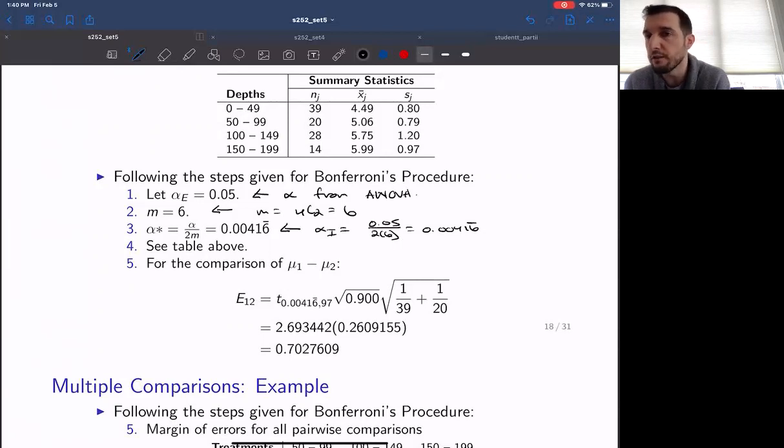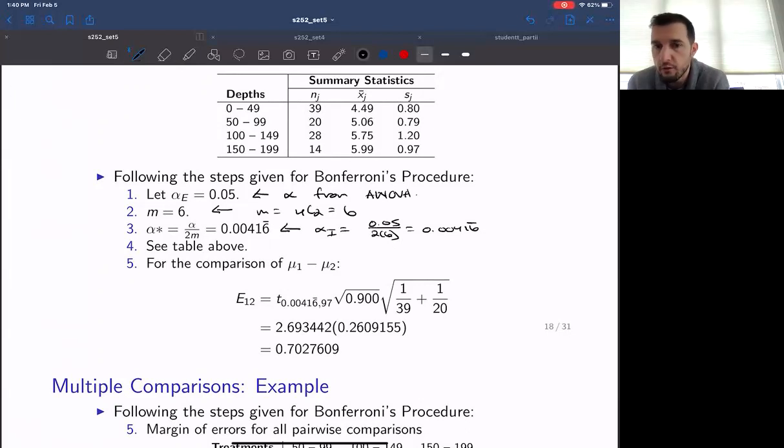So here we have 0.00416. The t-table only gives us up to 0.005. So we would have to use the corresponding t-values at 0.005 to compute our confidence intervals and margins of error. It's the only real option in this case.